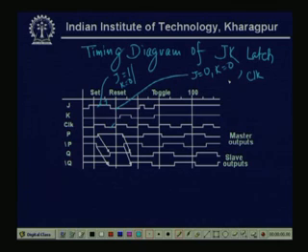So this is the situation when J is 0, K is 0, clock is 0. So it holds the previous one. What will be the value of Q?